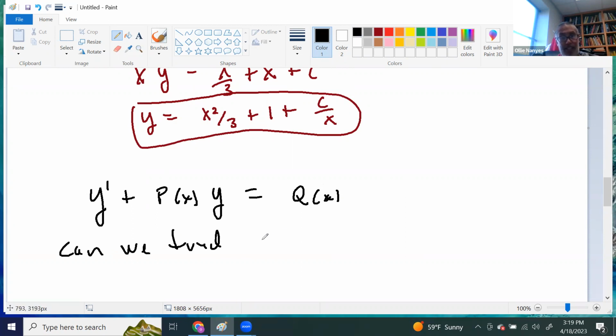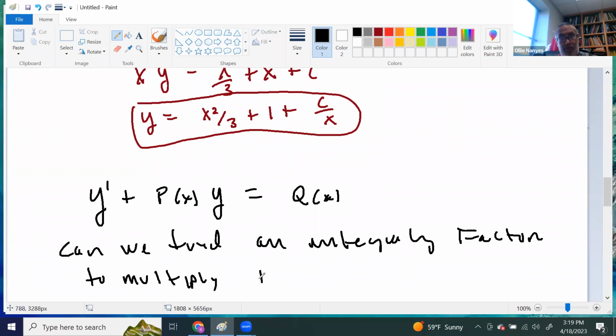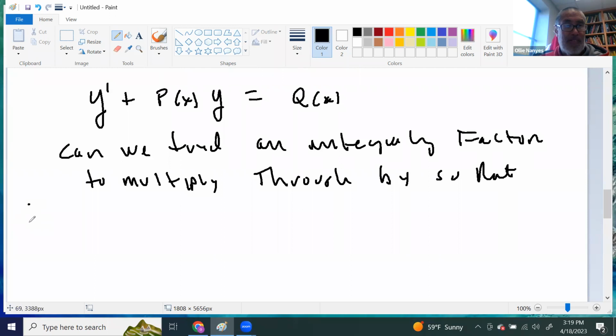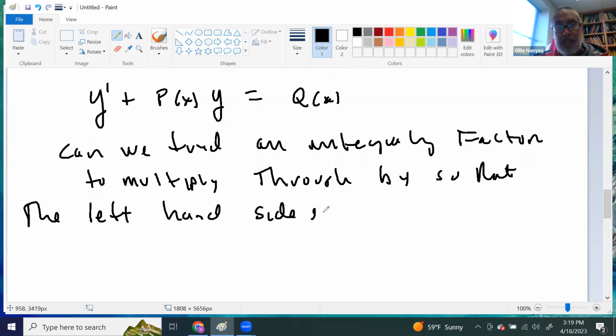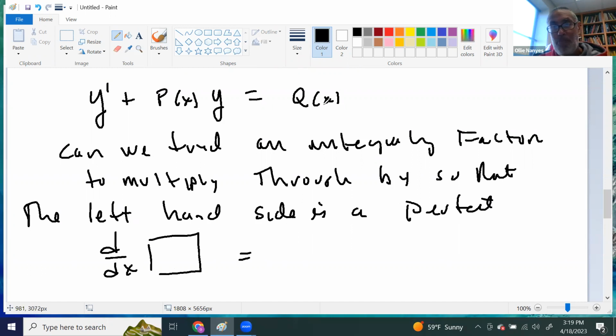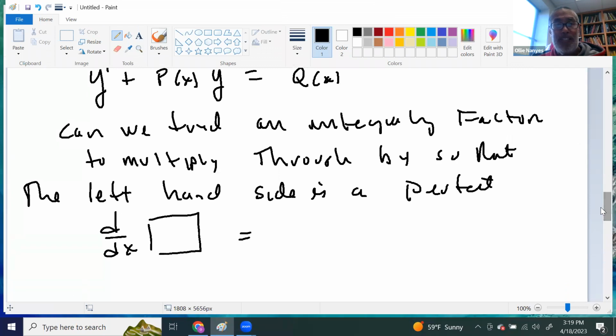Can we find an integrating factor to multiply through by so that the left-hand side is a perfect derivative with respect to something equals something times q of x? And the answer will be yes.